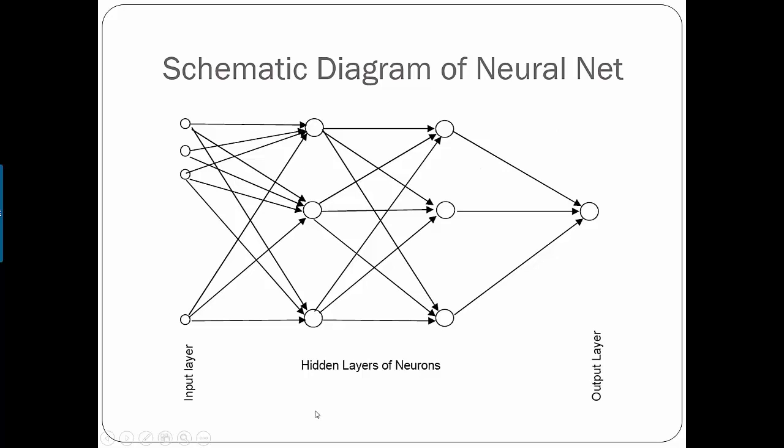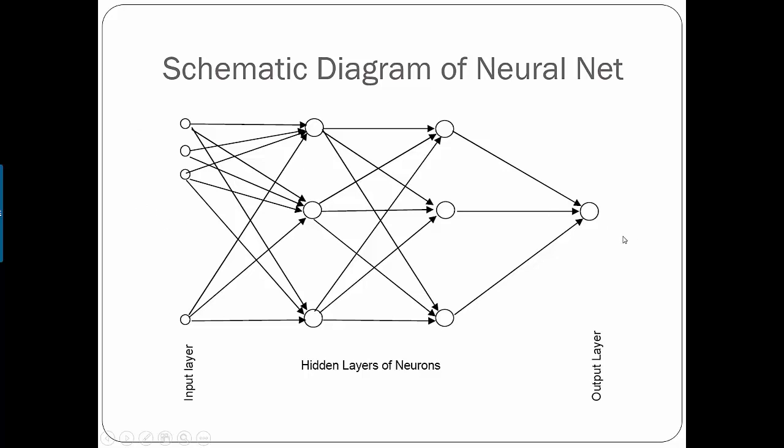A neural network consists of nodes in layers, and the nodes are connected with arrows. So we have a layer of nodes here on the leftmost side, and that's called the input layer. Here is where you get input coming into the system.